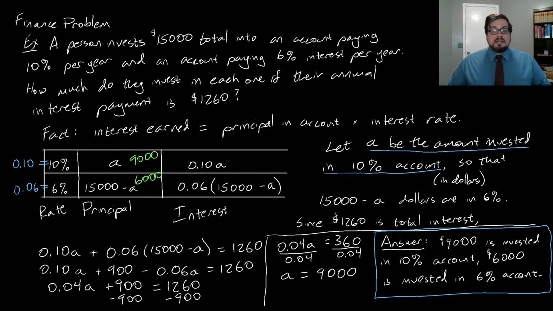And in particular, if you had gotten a negative number for A, indicating that this person had somehow invested a negative amount of money into the 10% account, well, that doesn't make any sense in the context of the problem, and so that usually means that something's gone wrong, that you have made a mistake, or occasionally, very occasionally, it means that the original problem was not well posed, meaning that it doesn't actually have an answer. It doesn't make sense as posed. Usually, though, it indicates that a mistake was made somewhere. You should go back and check.